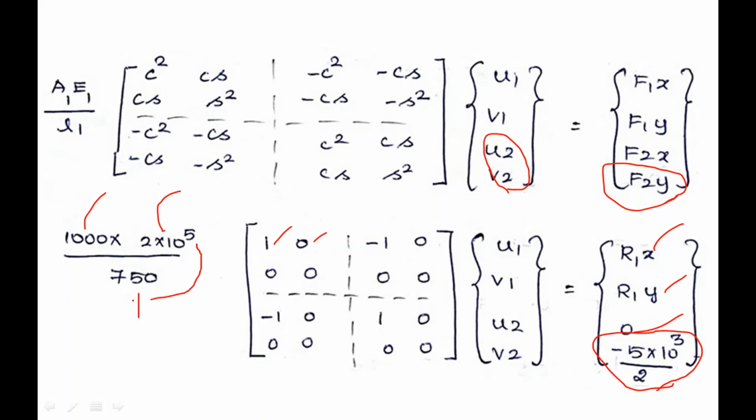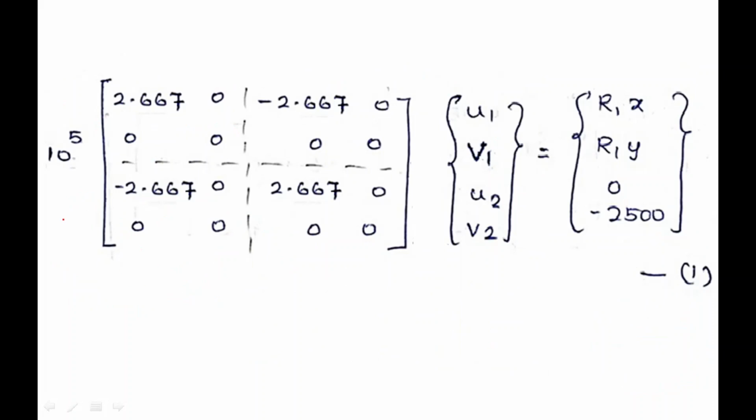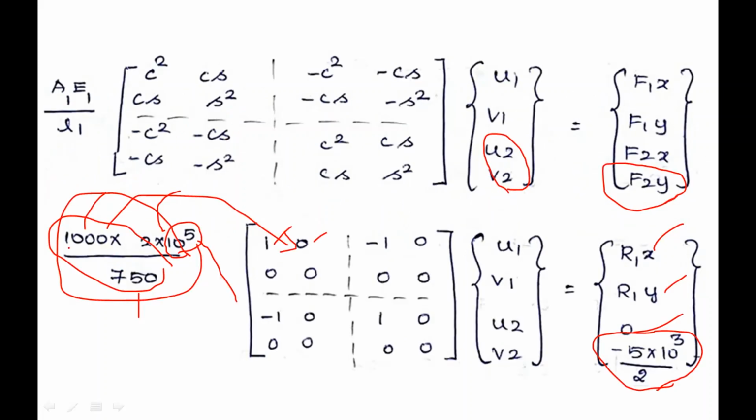Now you have to simplify this constant. Keep this 10 power 5 common outside the matrix and take the remaining terms inside the matrix. Then you will get the final characteristic equation for element 1. So 10 power 5 is taken common. 2.667 is nothing but 1000 into 2 divided by 750.